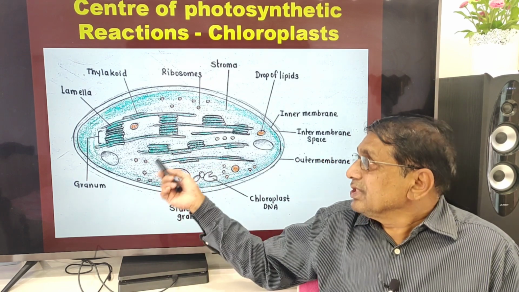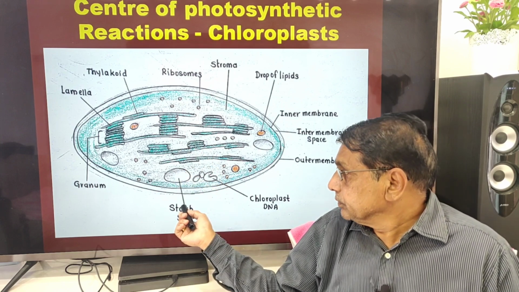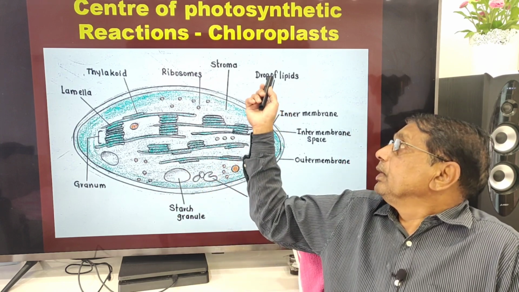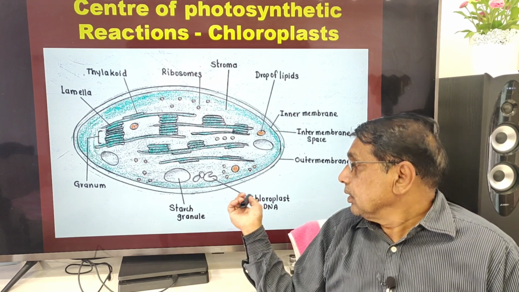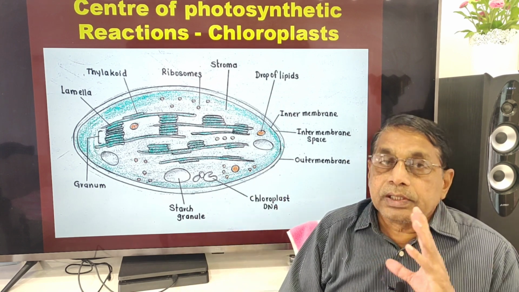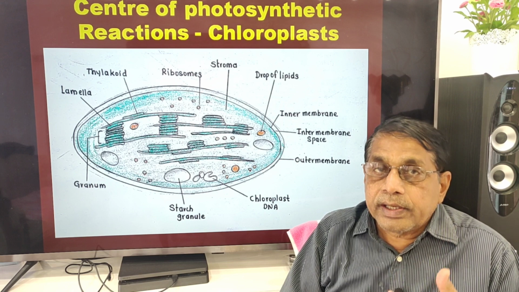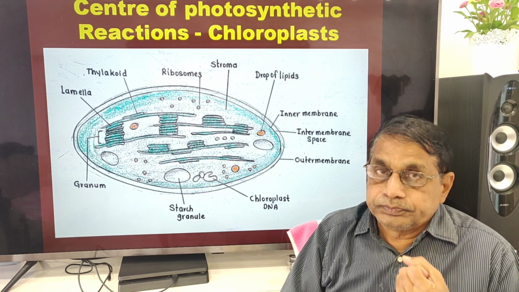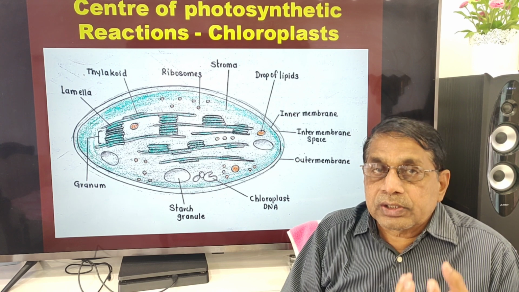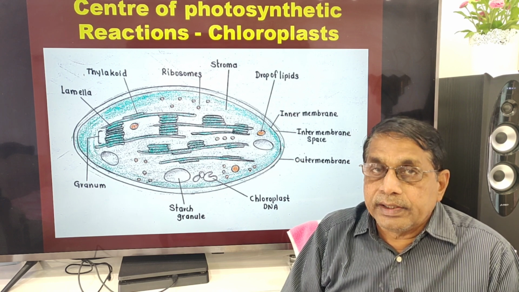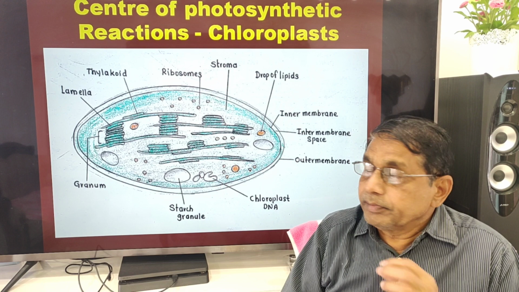In addition to this, they also contain starch granules, lipid drops, and the chloroplasts contain their own circular double-stranded DNA, just like bacteria.